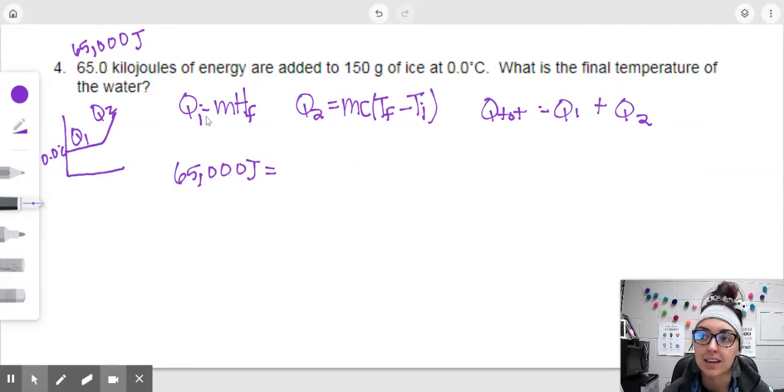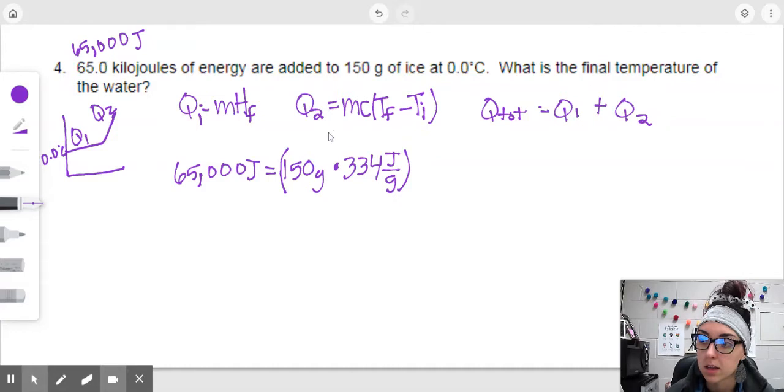So that means I need these equations. So my equation for Q1 is mH sub F, so M, mass, from my question is 150 grams, put this in parentheses, times heat of fusion for water, again at the top of your page, 334 joules for every gram. And we know that's positive because it's melting. So again, this set of parentheses here is Q1, just so we can keep track of that.